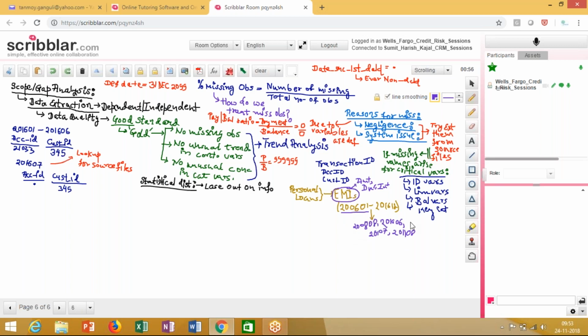Then for all the periods wherever it is available, I create the EMI variable, right? Now for each of the months, I compare the raw EMI variable which was there in the data and the EMI variable which I have created. I compare their differences.